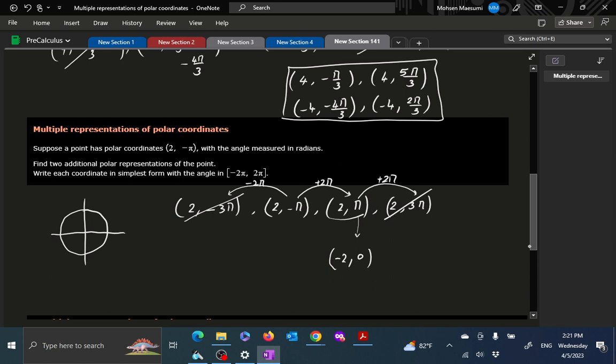What does 2 and pi mean? 2 and pi means start from, say, here and go angle of pi, and on that go to location 2. Okay, so if we come to this direction and go as far as 2, we have arrived at our final destination.